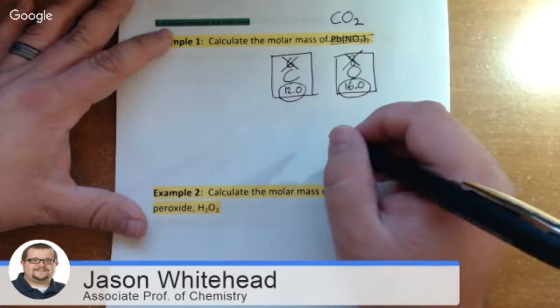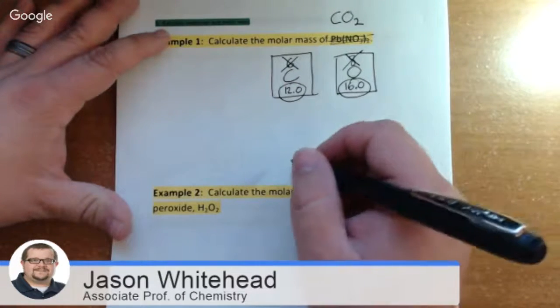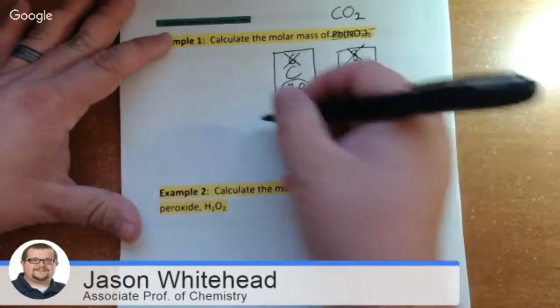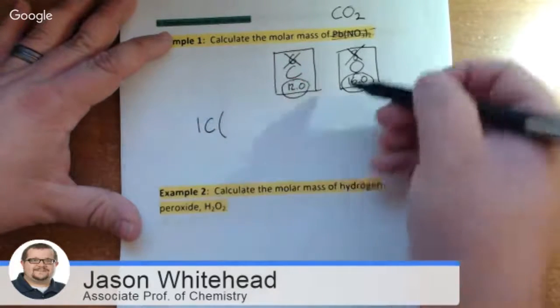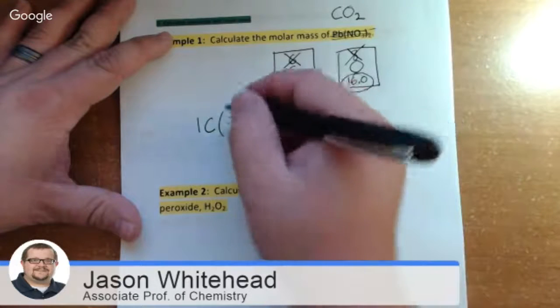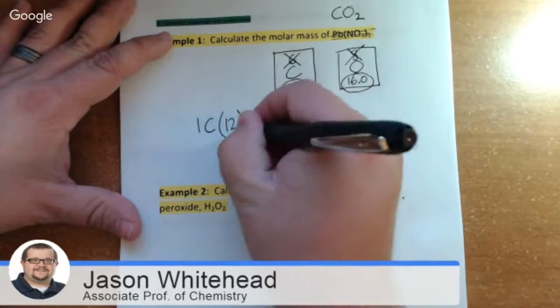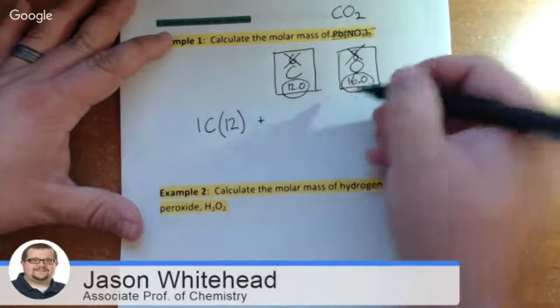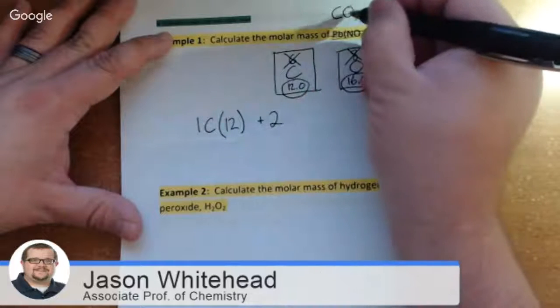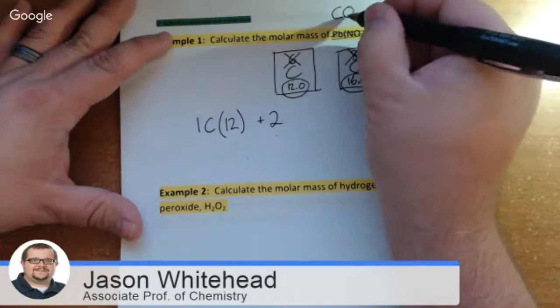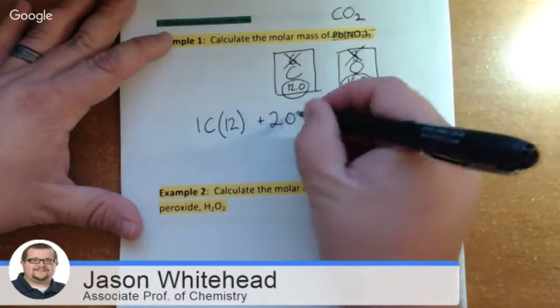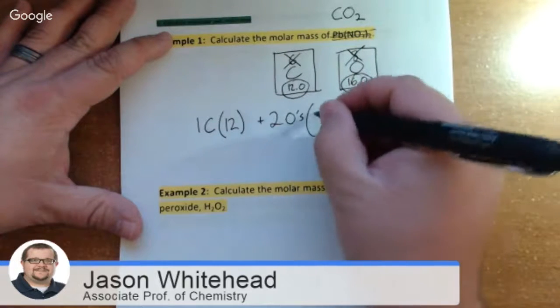So I'm going to take the number of each atom and type of each atom. I've got 1 C, and that carbon weighs 12. I've got 2 O's, because the little number subscripts apply to what they're directly next to, and those weigh 16 apiece.